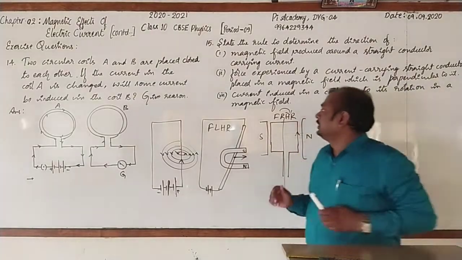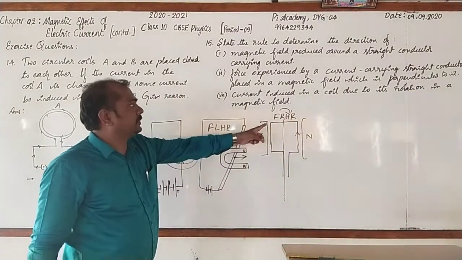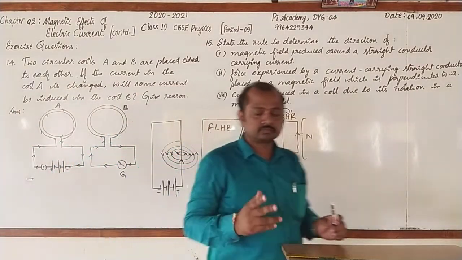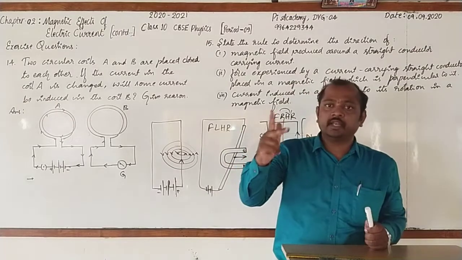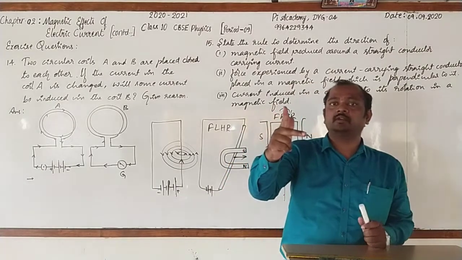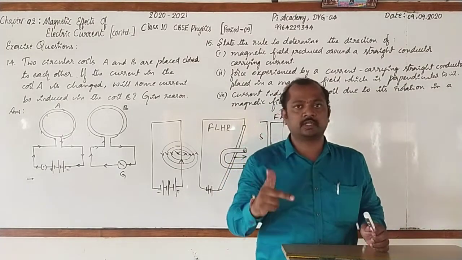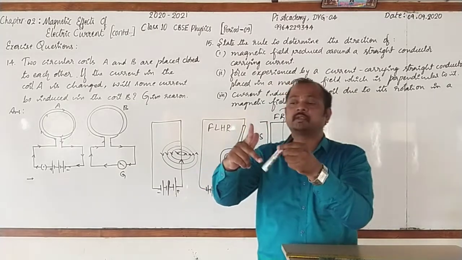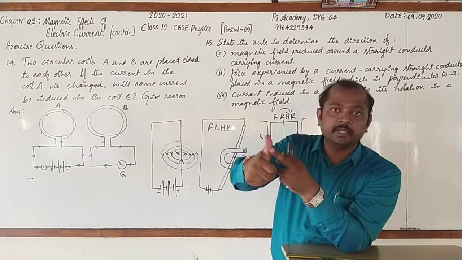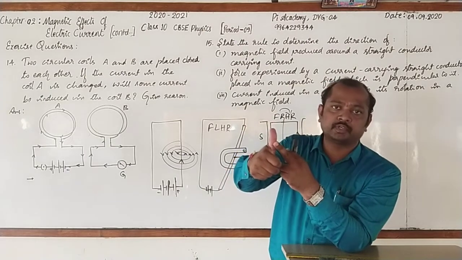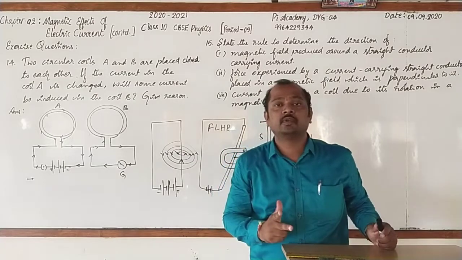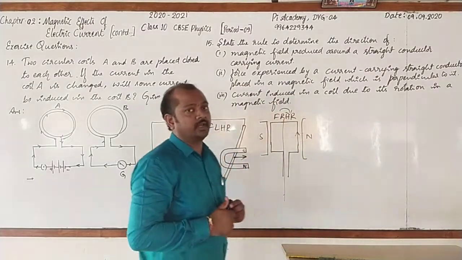Followed? Yes. Once I tell the statement of Fleming's right hand rule, it states that arrange the first three fingers of right hand mutually perpendicular to each other. If the forefinger indicates the direction of magnetic field and thumb indicates the direction of motion of the coil, then the middle finger indicates the direction of induced current.